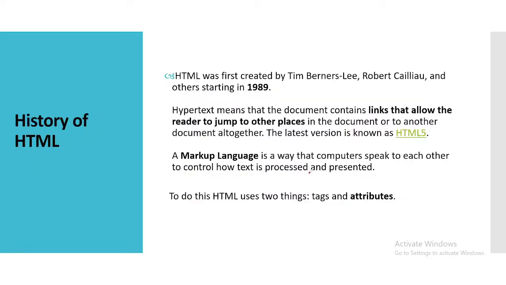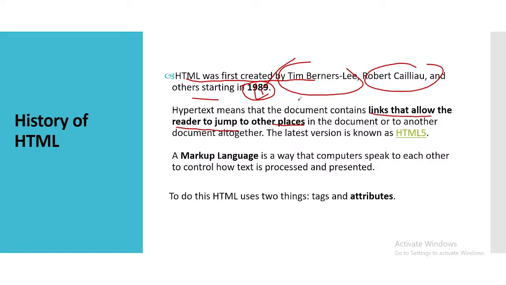Now we'll see the history of HTML. HTML was created by Tim Berners-Lee and Robert Cailliau, starting in 1989. Hypertext means that the document contains links that allow the readers to jump to other pages.